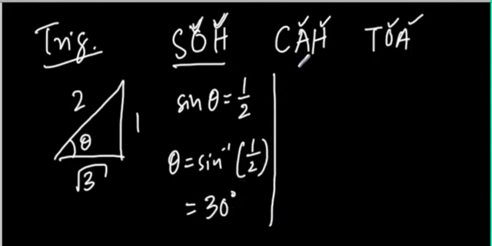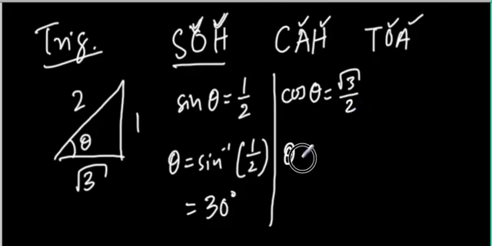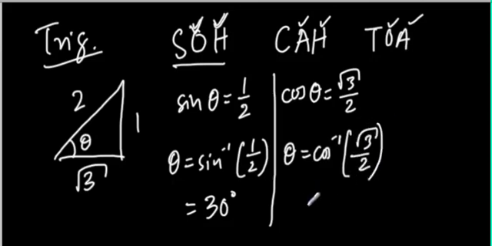We can do the same thing with cos. Let's say I wanted to use the angle that's close to it, in other words the adjacent and the hypotenuse. In this case cos theta would be root 3 over 2, and theta is therefore cos inverse of root 3 over 2, and if you check that, that will also be 30 degrees.